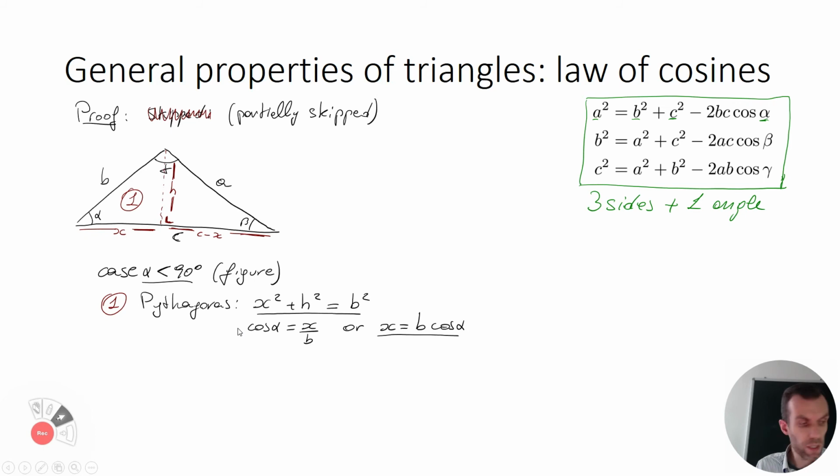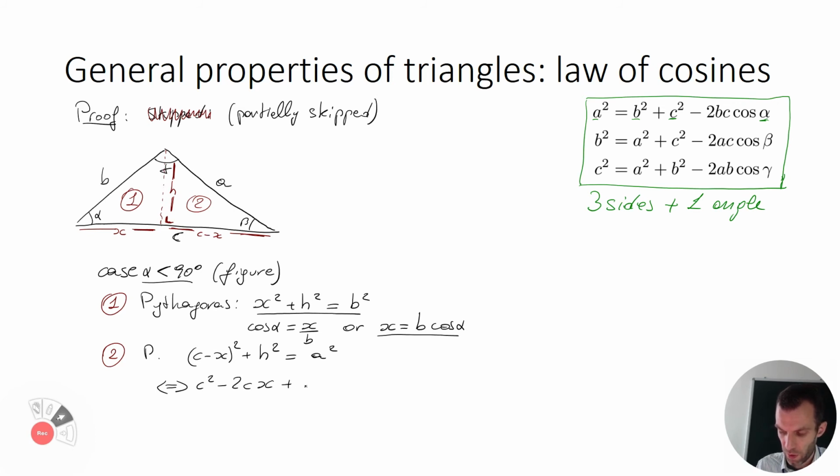So we have 2 things here, and let's have a look at triangle 2. So what do we know about triangle 2? If we again use Pythagoras' theorem, now we get that c minus x squared plus h squared is equal to a squared. And then if we work it out, we get c squared minus 2cx plus x squared plus h squared is equal to a squared.